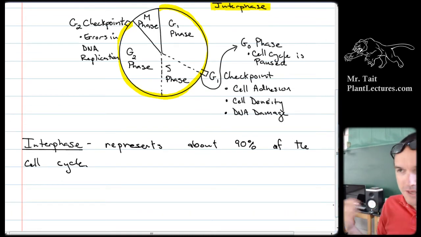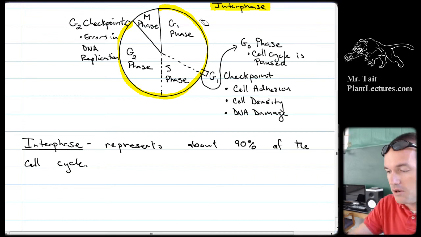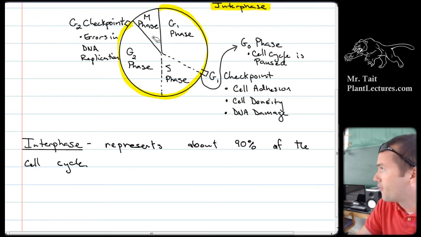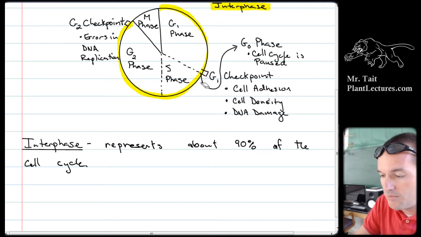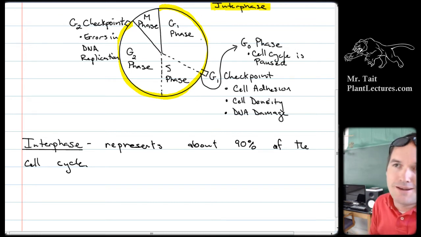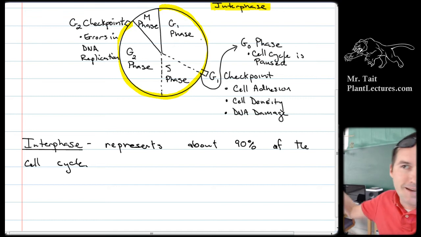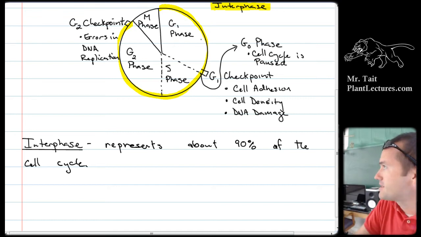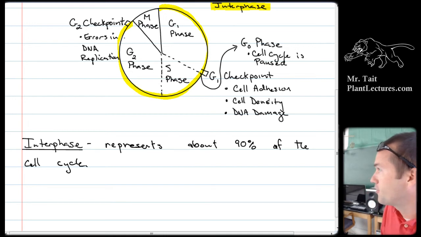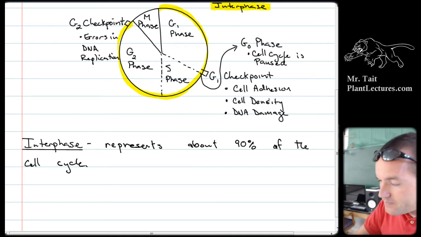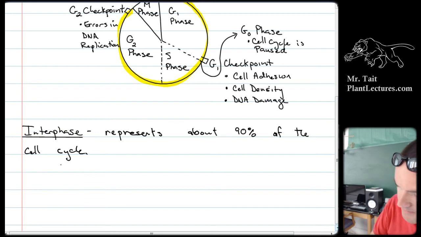So muscle cells will be much longer in interphase because they're going to go through a longer period of time before they go into M phase. Some cells will never go through M phase. So like nerve cells, some nerve cells won't divide ever. And so those will spend 99.99999999999% of their life in interphase because they had to divide one time when they were a little baby non-differentiated cell. So let's talk about what happens in interphase.